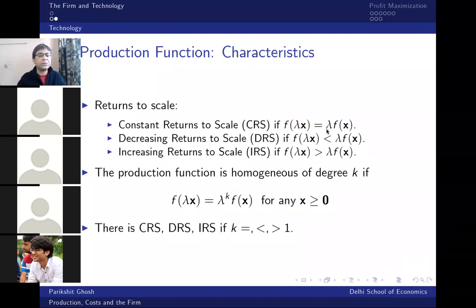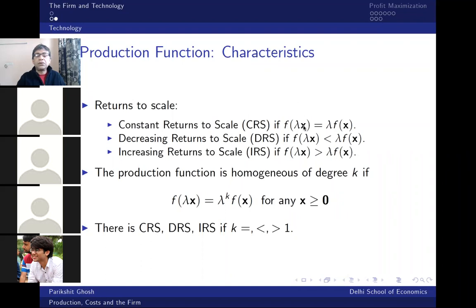So you double the amount of labor, the amount of capital, and the amount of energy used. Let's say all the inputs are doubled. Of course, output will go up but the question is by a factor of 2 or more or less. Depending on the answer to that, we'll call the production function as having constant returns to scale or decreasing or increasing returns to scale.